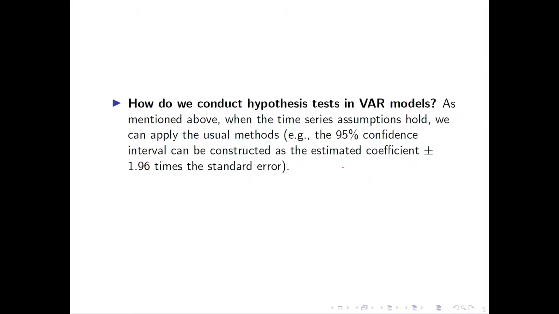So, for example, if we have a lot of data, then the 95% confidence interval can be constructed as the estimated coefficient, either the beta or the gamma, plus minus 1.96 times the standard error. So here we assume normality because we have a lot of data.